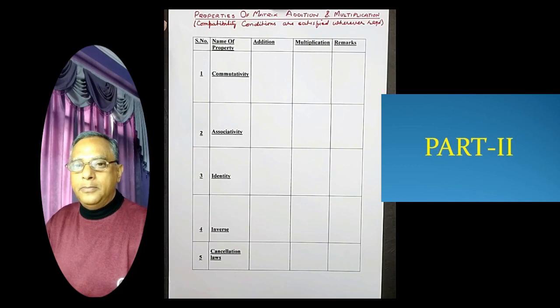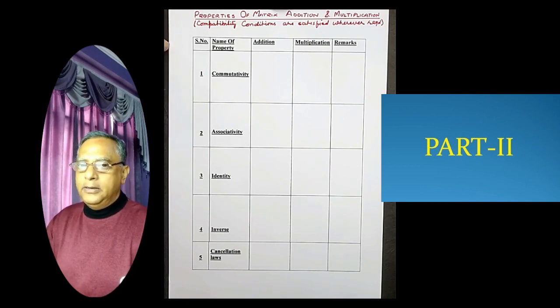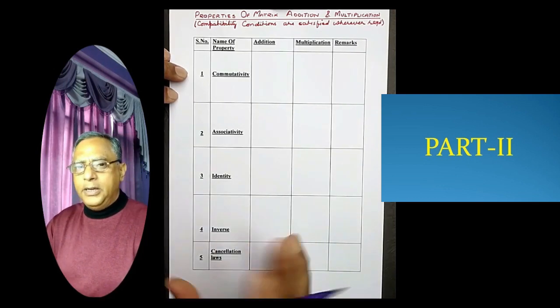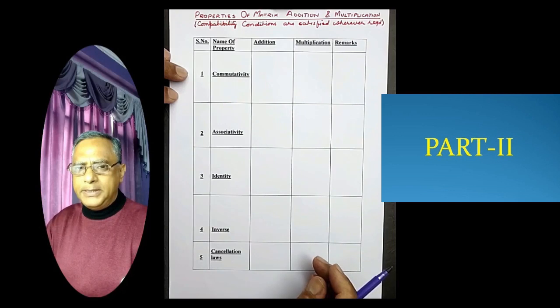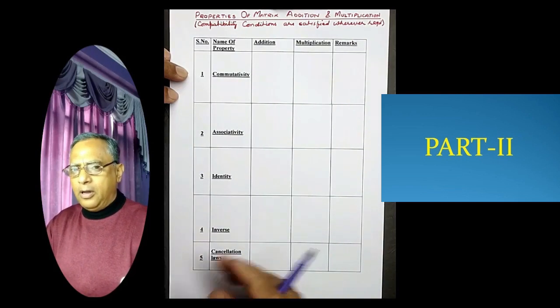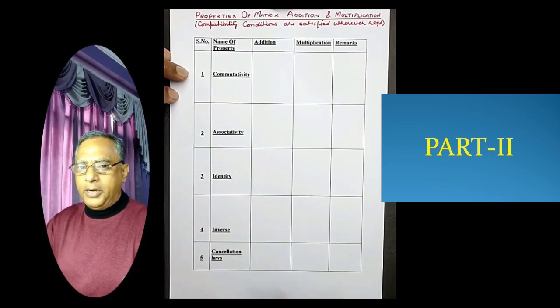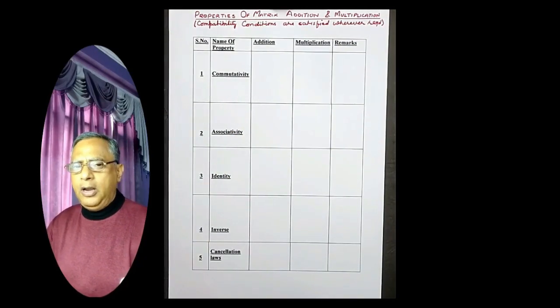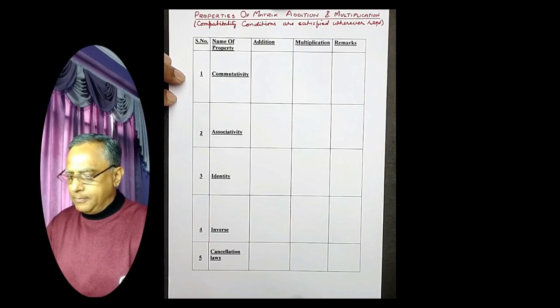We now take up some properties on matrix addition and multiplication. We have already taken these properties in some examples, and we have derived a bit of understanding. I will make a table of these properties here for future consultation.